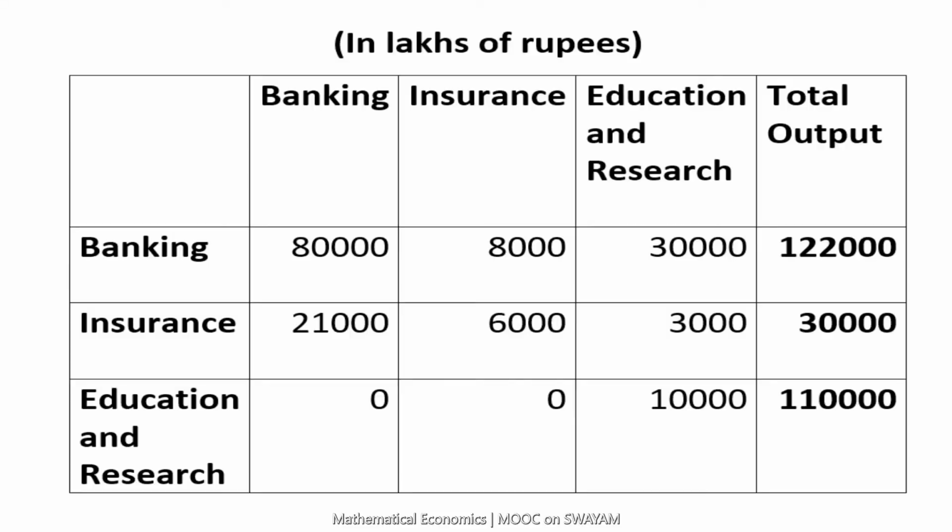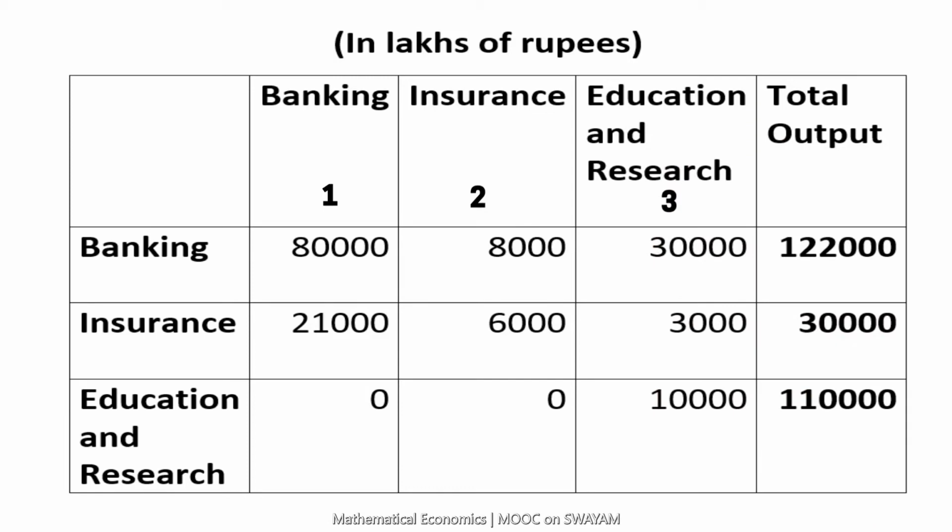Look at this table. This is an arbitrary example and the values are randomly entered. Let us number banking as 1, insurance as 2, and education and research as 3.